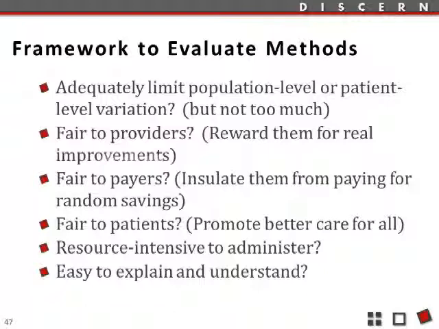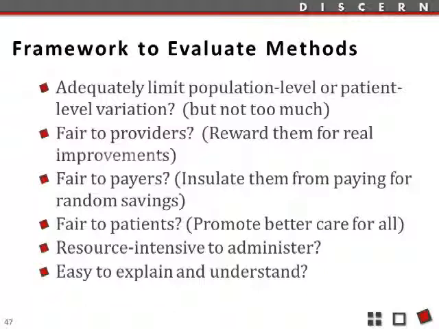Is the shared savings program fair to providers? Would be clearly an evaluation criterion. You want to reward them for real improvements. And that's where the idea of performance measurement, collecting that data, basing the payment on performance, I think is very important. Is the program fair to payers? Again, we don't want to have a situation where payers are paying out rewards for non-existent improvements.